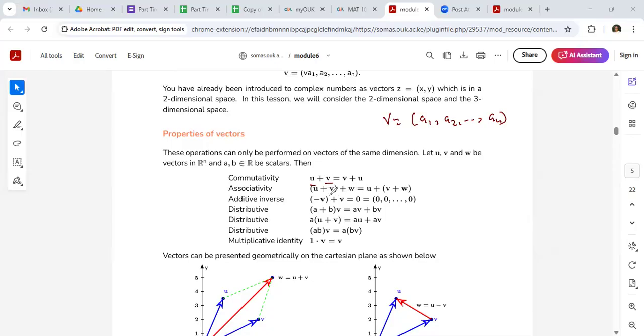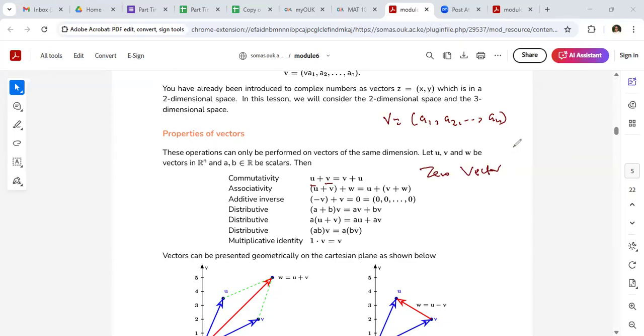Again, if you're adding more than two vectors, you can start with any two, and then once you complete the operation in the parentheses, you can work with the third element. Then you have the existence of the additive inverse. This depends on the space, in that we always have what we call the zero vector in a space.